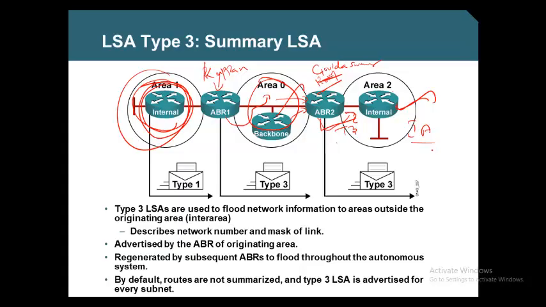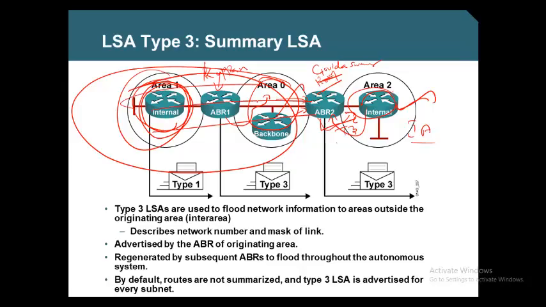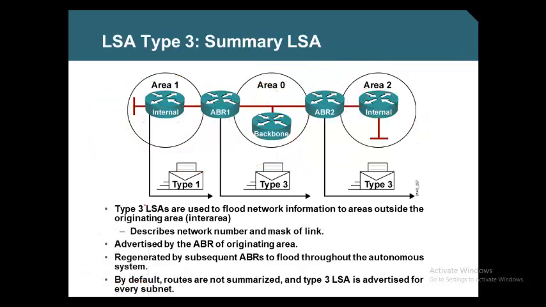This router will only show the nearest ABR's name, its own ABR, for every network coming from another area. Advertised by the ABR of the originating area. This is the originating area for the area 1 network.